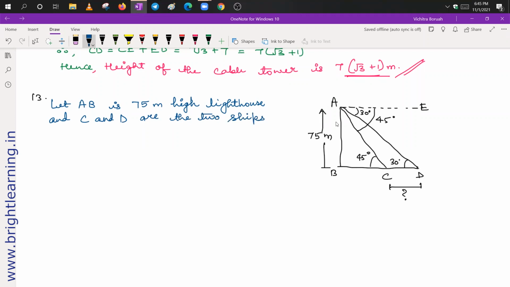So now first we will take triangle ABC. In triangle ABC, this length we know and this angle we know.